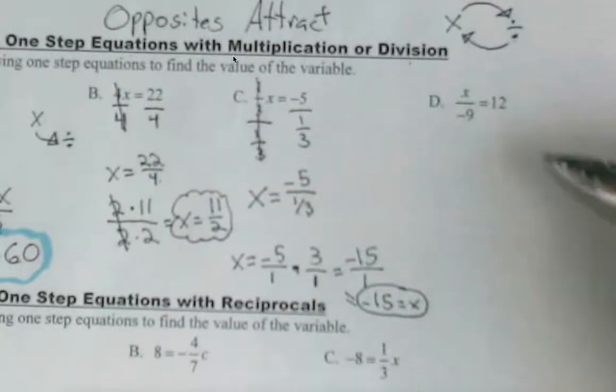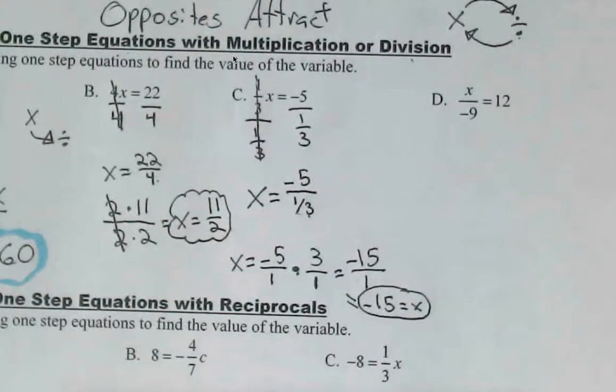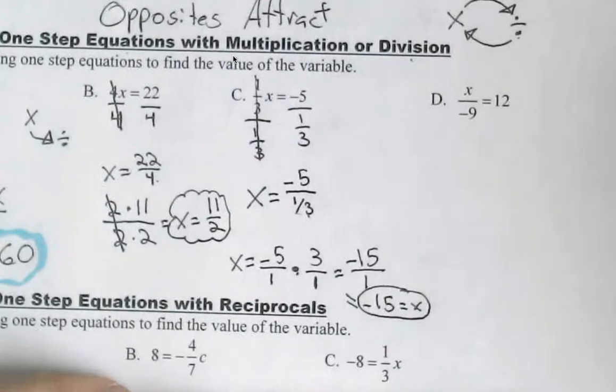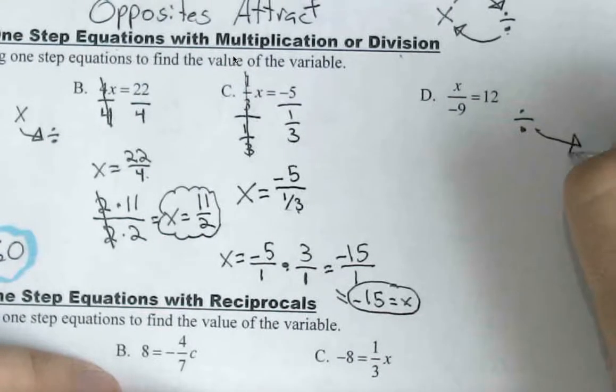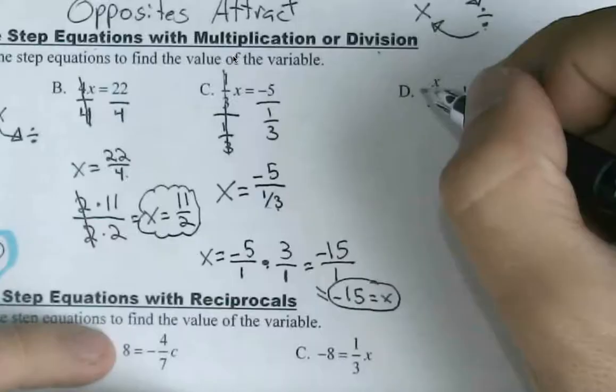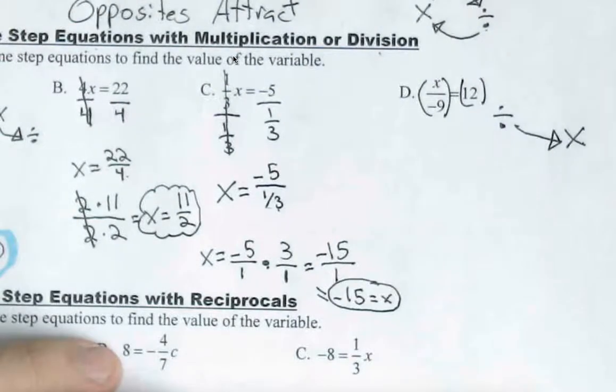So we have x dividing by negative 9. How can we go about this? What operation is being seen? What operation can we rewrite this with? Well, hopefully we see that we're dividing both sides. So now we would want to use multiplication to get rid of that. So we need to multiply both sides by our denominator. Well, what's in our denominator here?